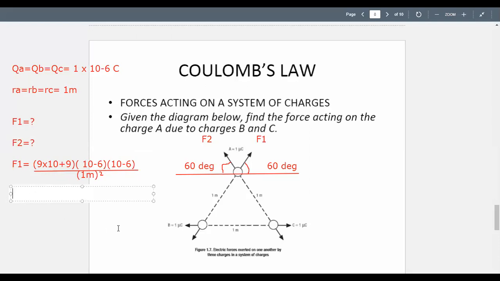I think it's similar to our answer earlier. F1 is similar in magnitude to F2. Earlier we had a value of 9 times 10 to the minus 3 newton. So F1 and F2 are of this quantity, but they are now creating an angle.